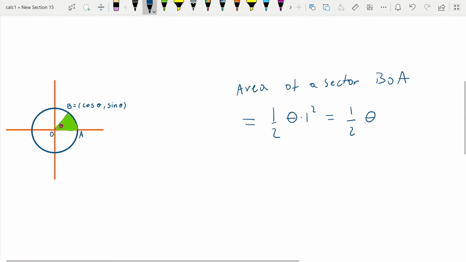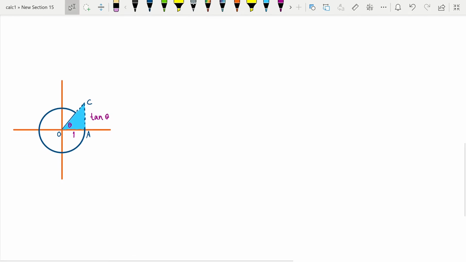Okay. And last here is this area. This is actually something that contains both the sector and the triangle inside the circle. So how do we compute the area here?